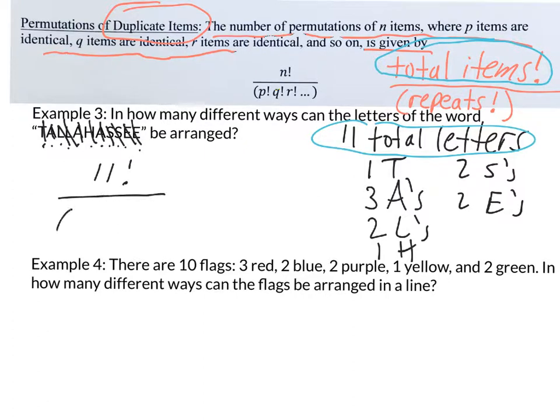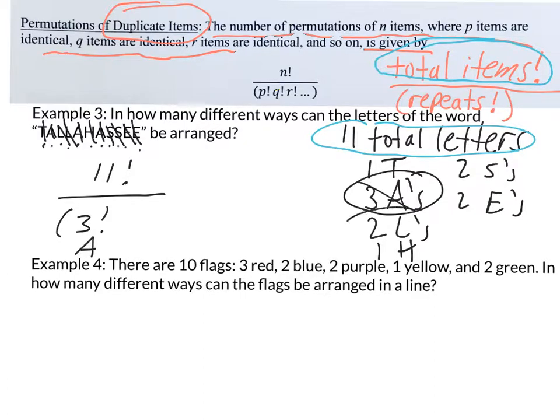Don't forget the parentheses now on the bottom. And all we care about is what repeats, so whatever we have 2 or more of. So I see we have 3 A's, so I'm going to write a 3 factorial to represent the 3 A's. It goes on the bottom of the fraction. So again, anything that repeats, put it on the bottom of the fraction bar here.